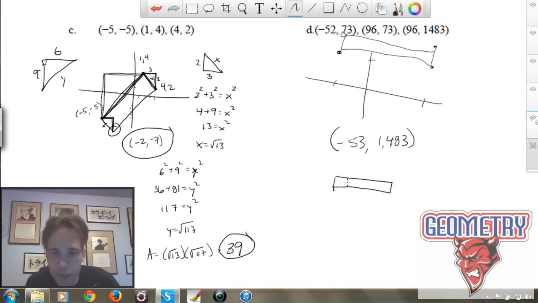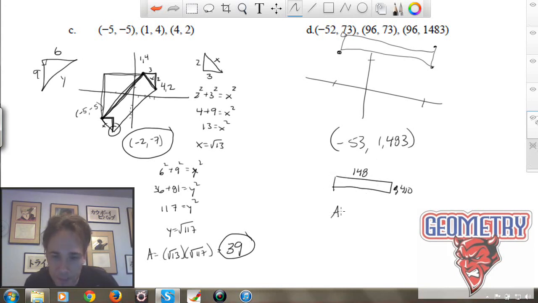Now for the distances here, so the horizontal distance is from -52 all the way over to 96. So 52 plus 96 is 148. And our vertical distance here is from 73 up to 1,483. So 1,483 minus 73 gives a vertical change of 1,410. My sense of scale here in this problem was off, but we'll go by the numbers, not the way I drew it.